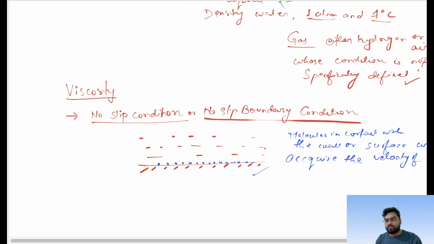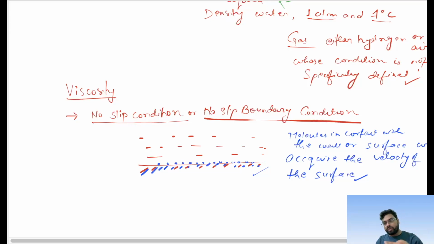So why have I written that they acquire the velocity of the surface? Because the surface, like here, may be fixed or it may be moving. If it is fixed, then it will have zero velocity.